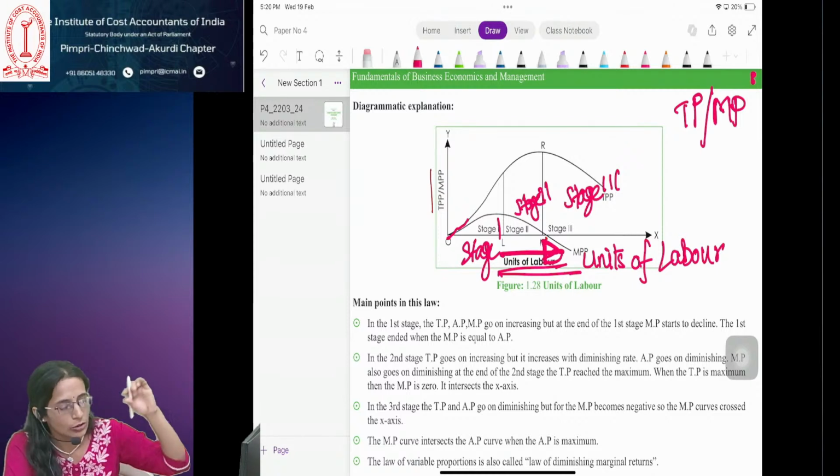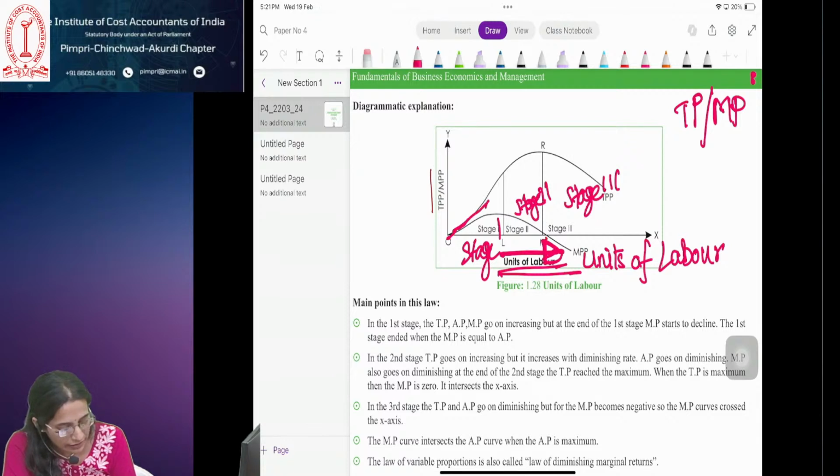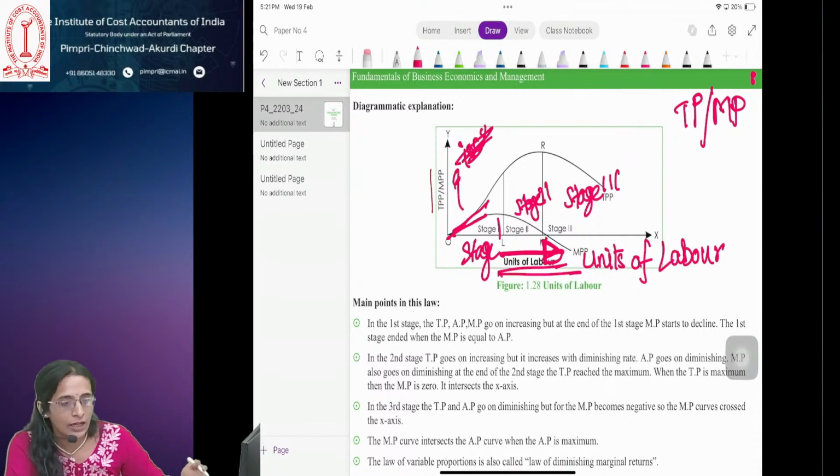At the start, the total product will increase and the marginal product will also increase at an increasing rate, with a higher proportion.